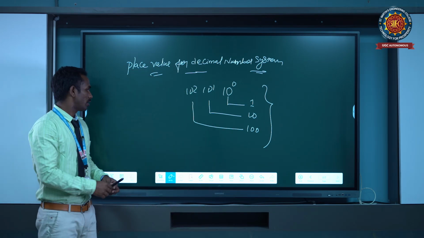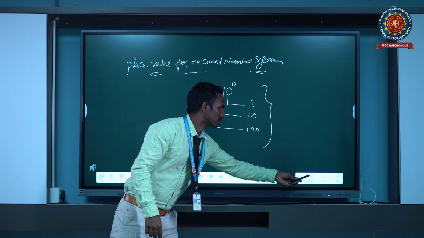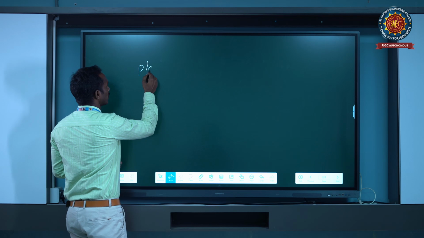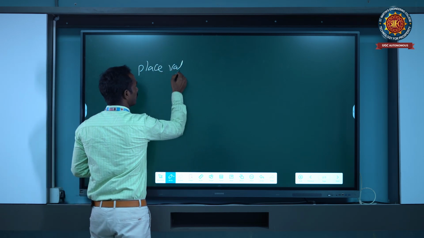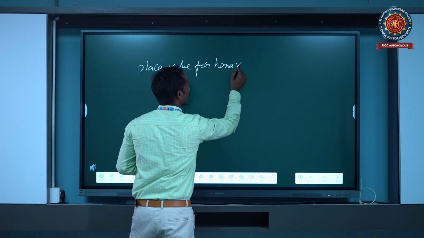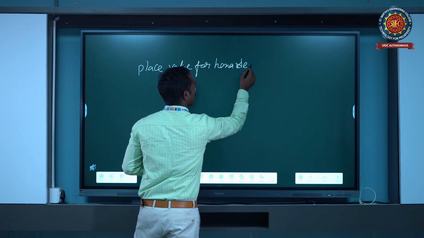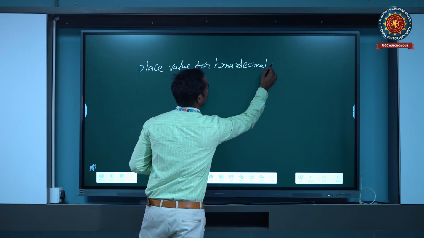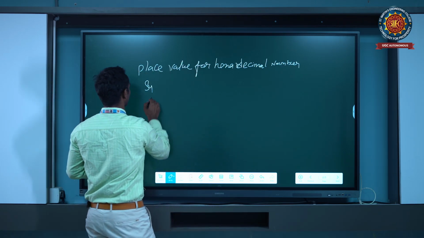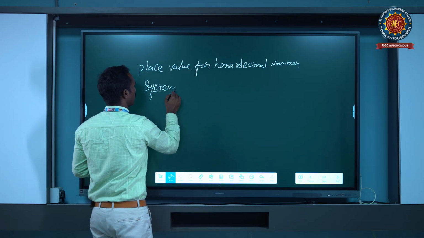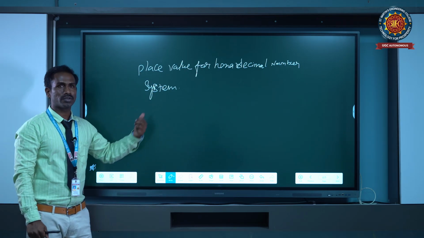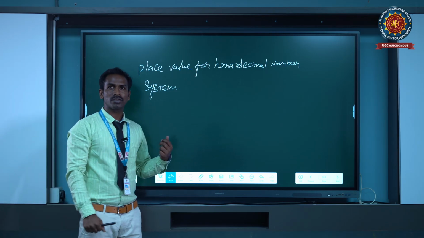And the next is the place value for the hexadecimal number system. How do we write the place value for the hexadecimal using the base value?